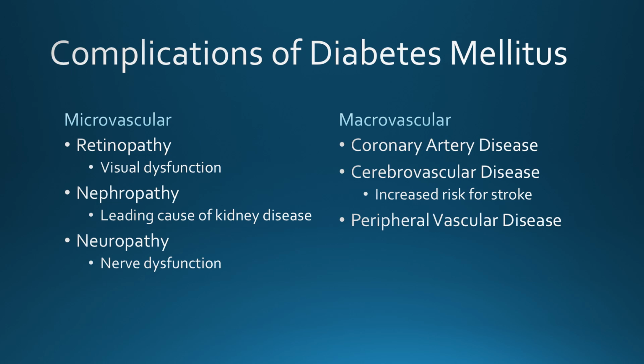So with all of these complications, we are talking about damage to that endothelial layer of the blood vessels that then decreases the amount of blood flow to certain areas, whether that's to the eyes, to the kidneys, to the nerves, to the heart. Okay, so we're talking about decreased blood flow to these areas from that damage to the blood vessels.